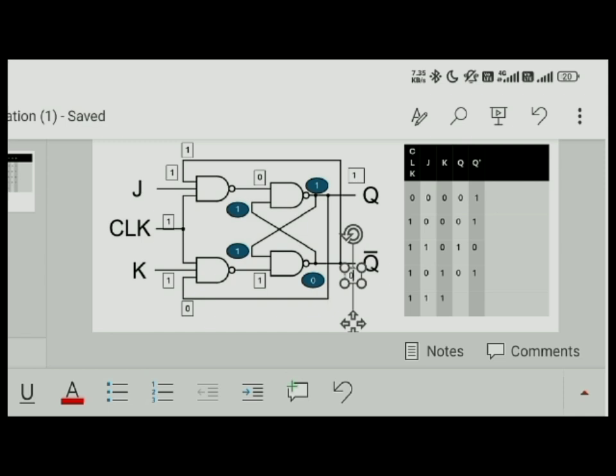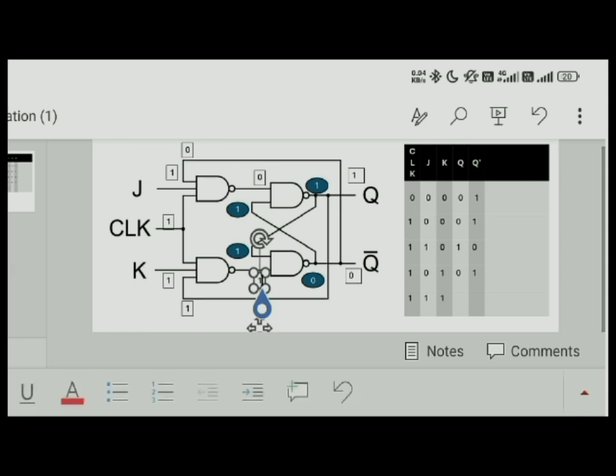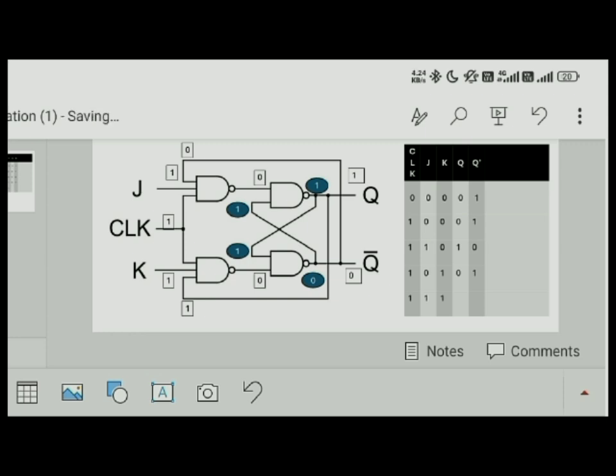So now that both Q and Q complement have changed, J will be deactivated and K will become high. Now since there are three 1s, the complement of 1 is 0, and this will change Q complement's value to 1.